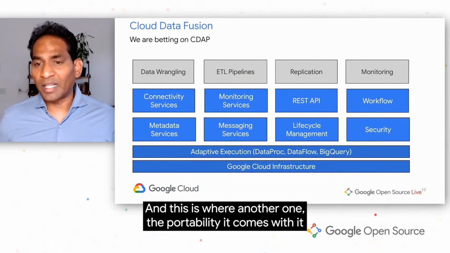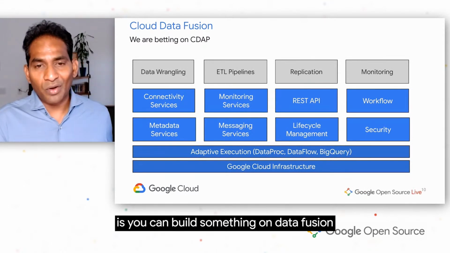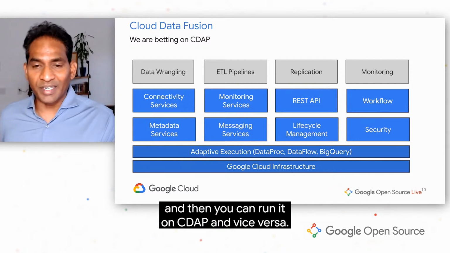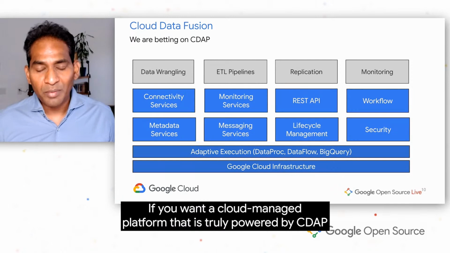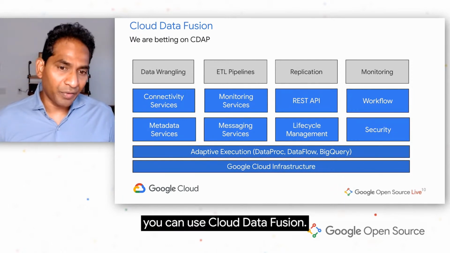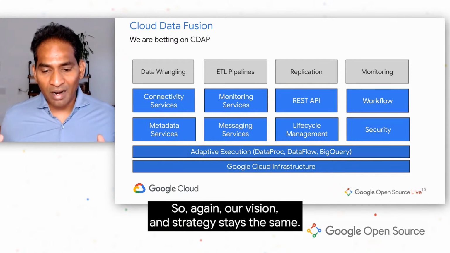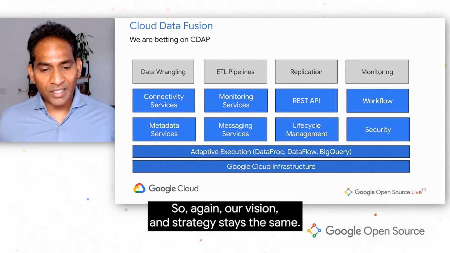This is where portability comes in: you can build something on Data Fusion and run it on CDAP, and vice versa. If you want a cloud managed platform that is truly powered by CDAP, you can use Cloud Data Fusion. So again, our vision and strategy stays the same.